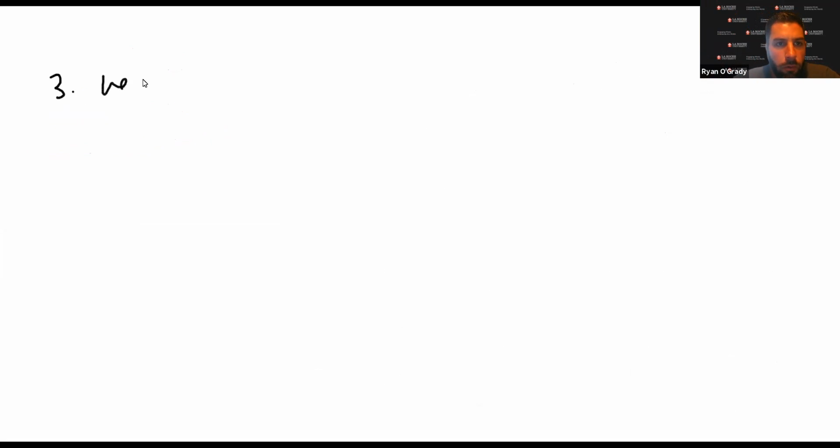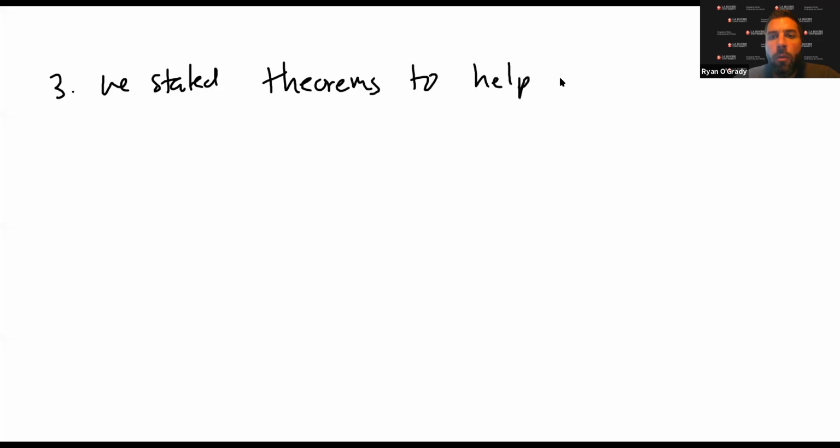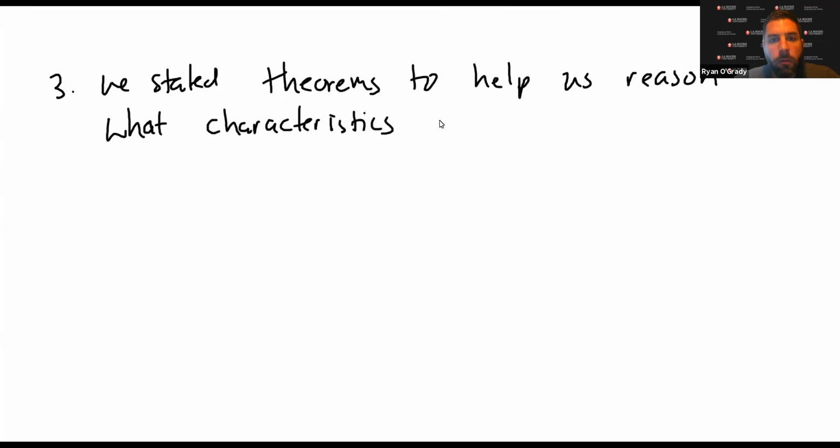So we stated theorems to help us reason what characteristics a function has. And what were some of these theorems? Well, there was the mean value theorem.